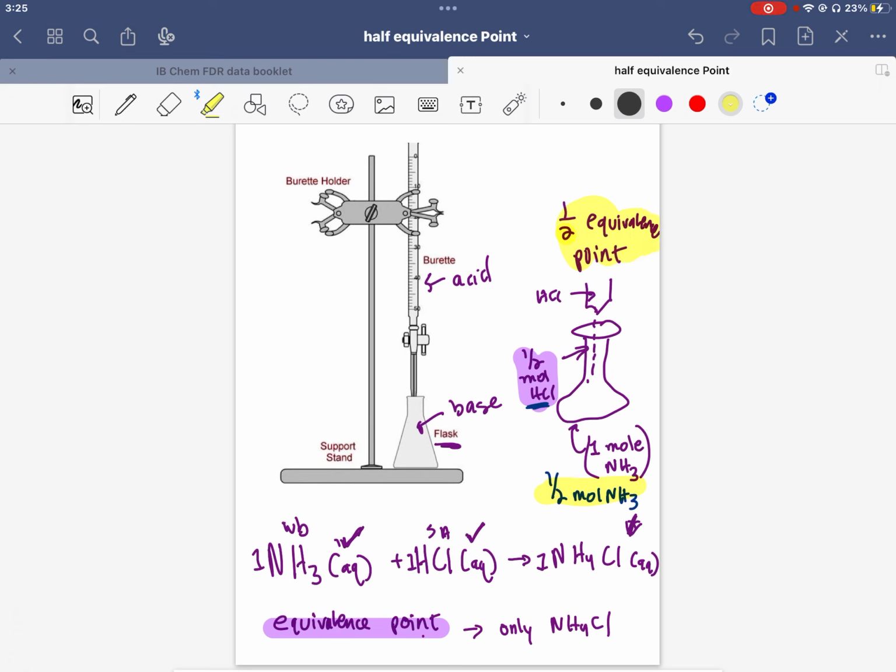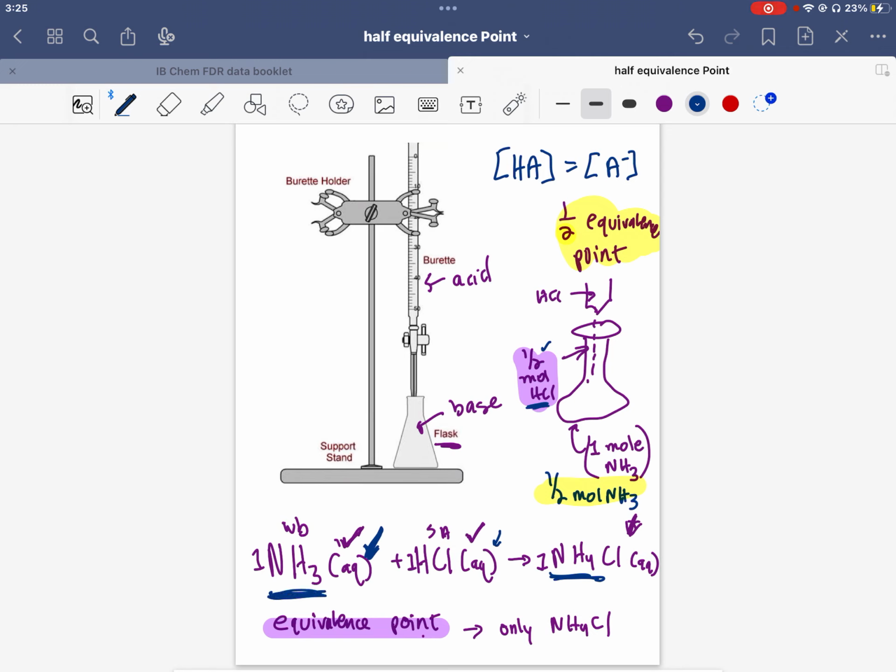So what does that mean? At the half equivalence point, the concentration of my acid is equal to the concentration of my base because I'm halfway to the point of both my acid and base reacting completely to get me to the product. Okay, and remember this happens even when you have a weak base or weak acid, you still have both of your reactants react completely.